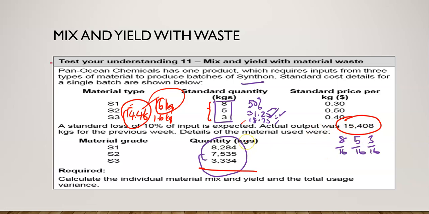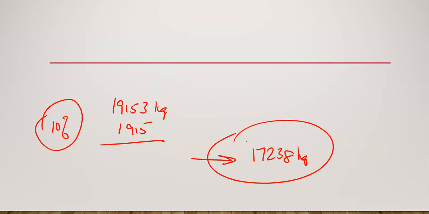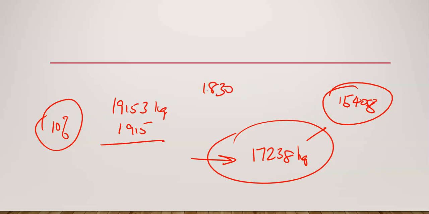So from a yield point of view, less came out than we expected. The question here is, let's find out what that is. So 17,238 minus 15,408 is 1830. I get 1830.